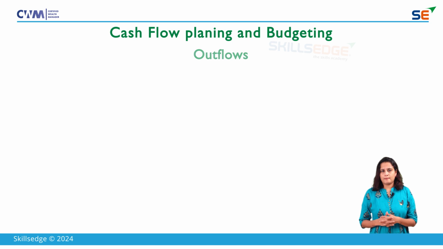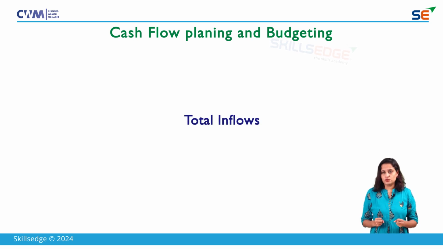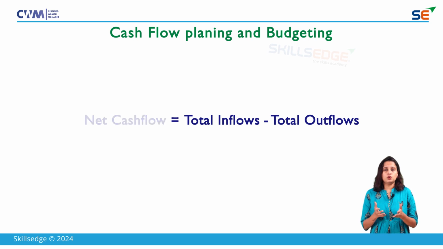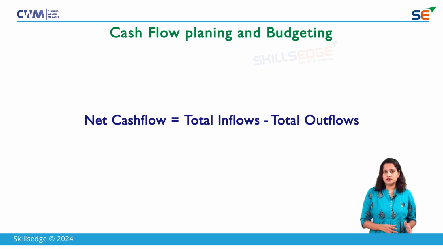Net inflow. The net inflow is determined by subtracting the total outflows from total inflows, which in turn is your total cash flow, or otherwise called the net cash flow. Conceptually, this is similar to the net worth and deals with the flow of money during a specified time period.